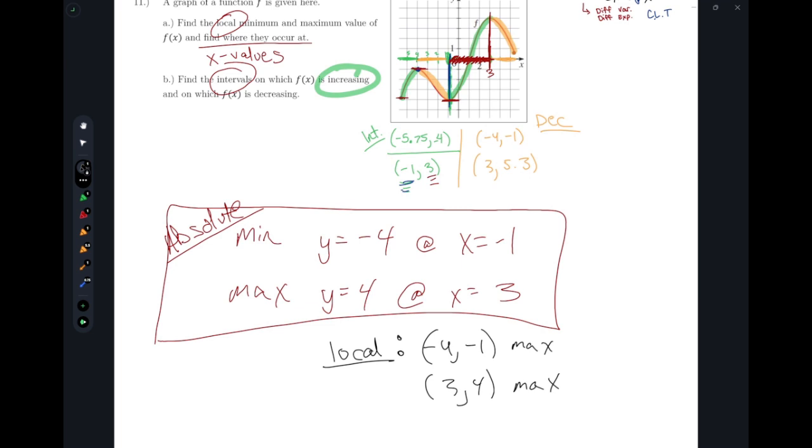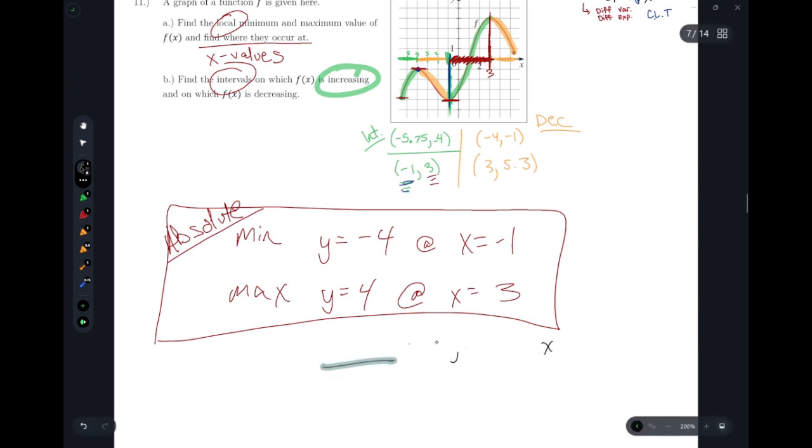Hang on. Before anything, shouldn't you write it the other way? Sure. No, because you're putting -4 in the x position and -1 in the y position. Local max at. Local max at.